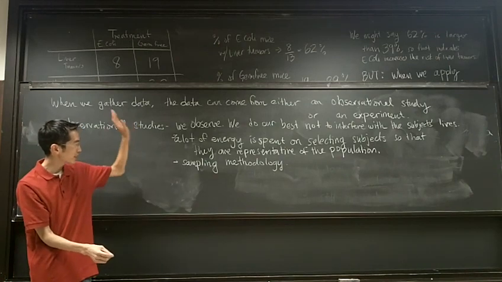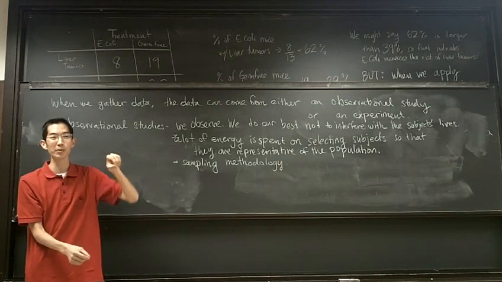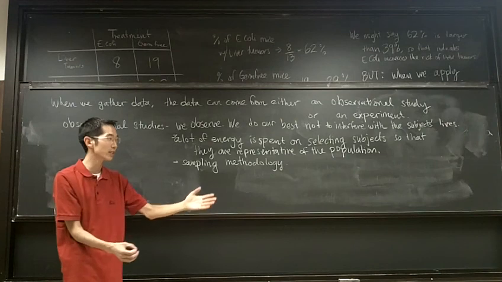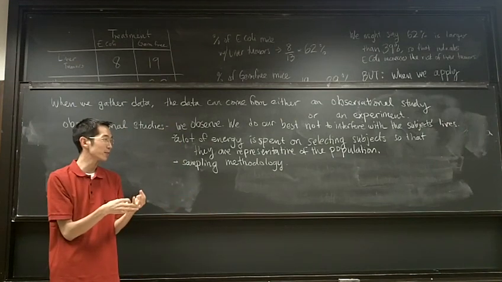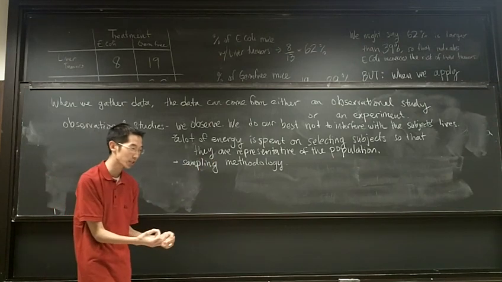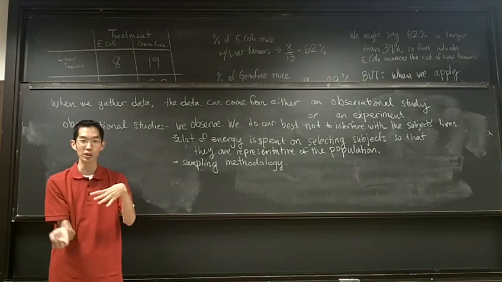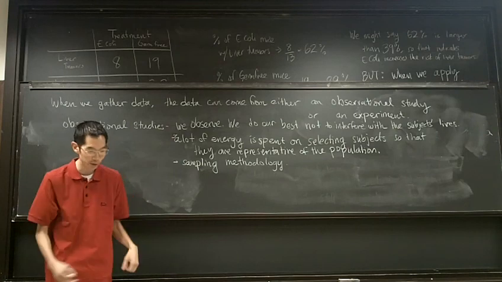Okay, so anyway, sampling methodology: a lot of energy is spent making sure that the people they select are representative. Around this time of year, actually this whole year, we've been seeing a lot of political stuff about the upcoming election, with different organizations going out and asking who you are going to vote for.